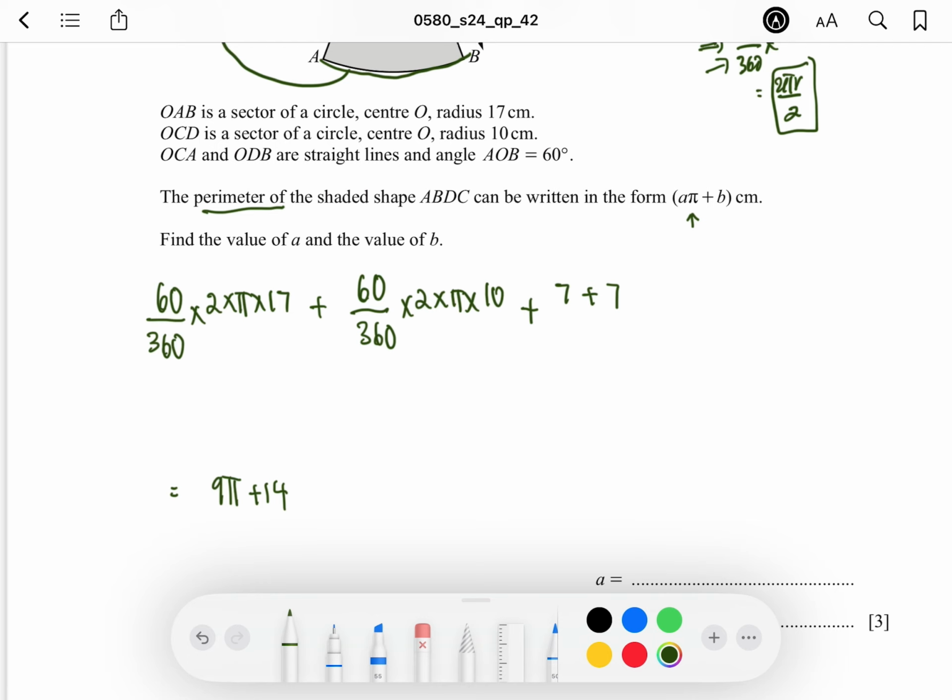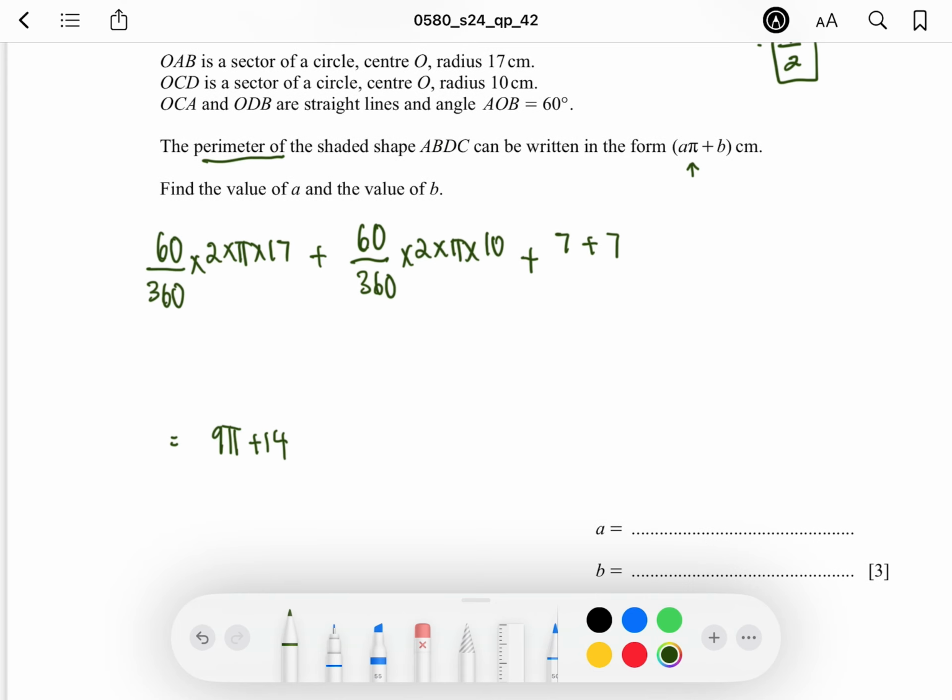Your calculator has two lines. Okay? Got a calculator? You can do it one by one, or store everything at once using the calculator. Two lines, yes. One line, sorry, forced to do it one by one. So that means what? Because the question is asking what A and B are, A is the coefficient of pi and B is a constant. There you go, just like that, to get the 3 marks.